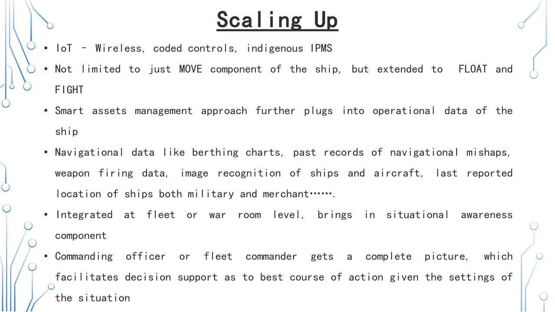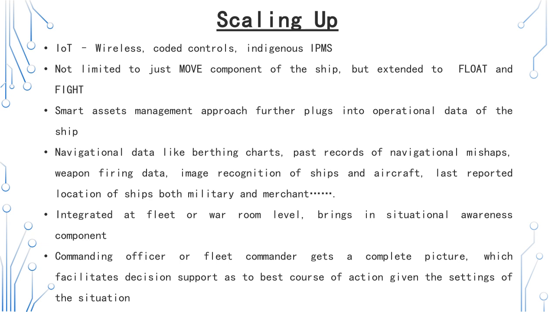components as well. This approach further plugs into operational data of the ship, where there are several teams working on this. Navigational data like berthing charts across the globe in various ports, past records of navigational mishaps, weapons firing data, image recognition of aircraft and ships, last reported locations of ships, both military and merchant.